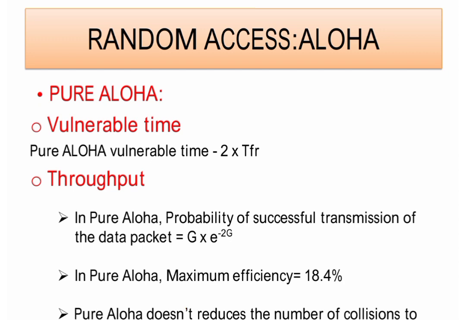So in other words, if one half of a frame is generated during one frame transmission time, so one frame during two frame transmission times, then 18.4% of these frames reach their destination successfully. This is an expected result because the vulnerable time is 2 times the frame transmission time. Therefore, if a station generates only one frame in this vulnerable time, the frame will reach its destination successfully.